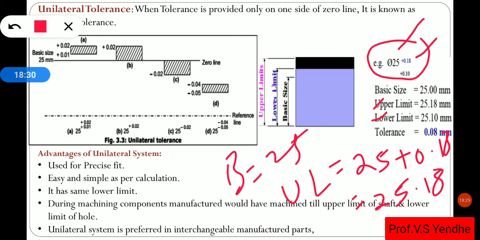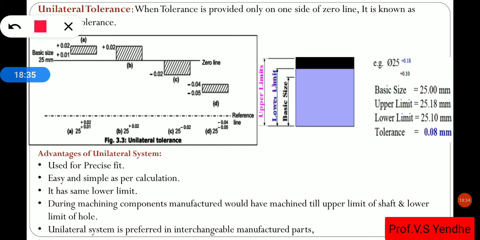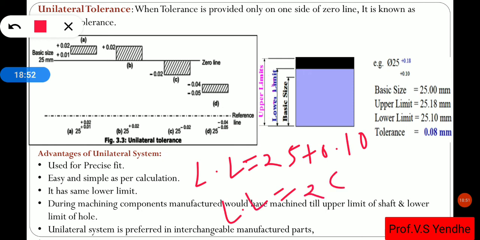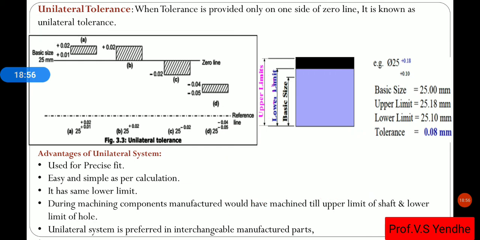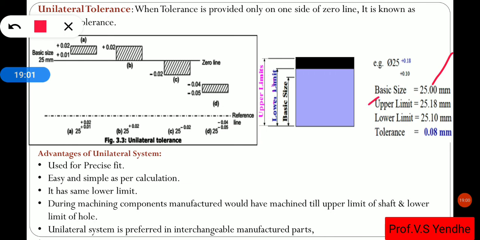Then the second is the lower limit, that is equal to basic size 25 plus this lower tolerance, that is 0.10, so that we will get the lower limit of this shaft, that is 25.10. Okay, by observing these three values, that means 25, 25.18, 25.10.